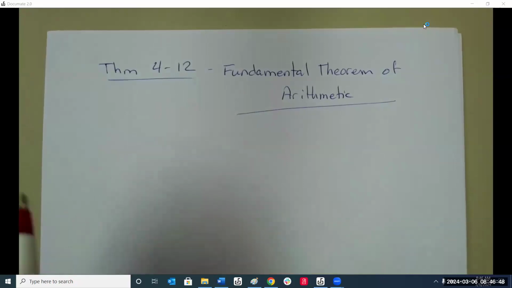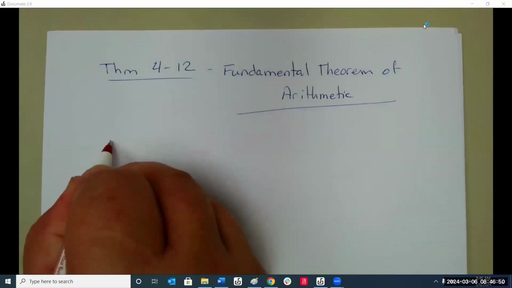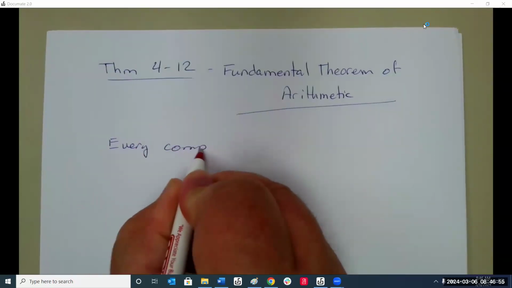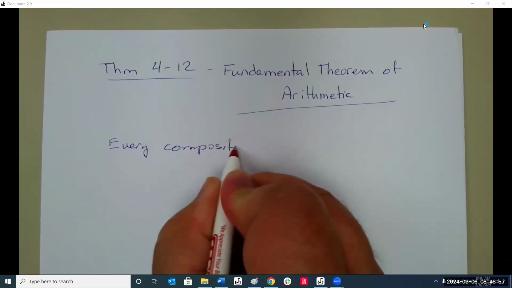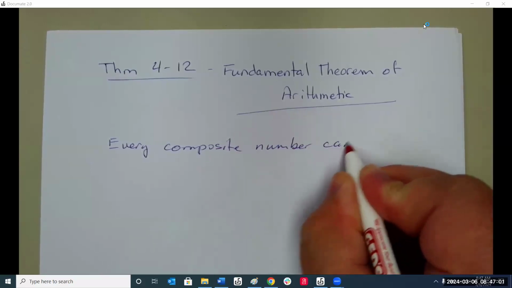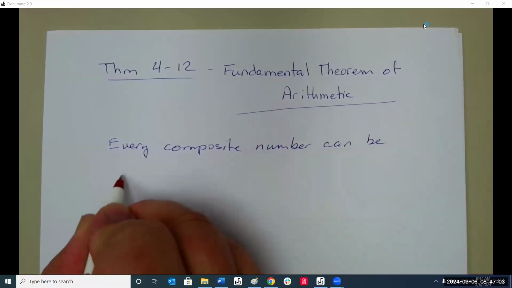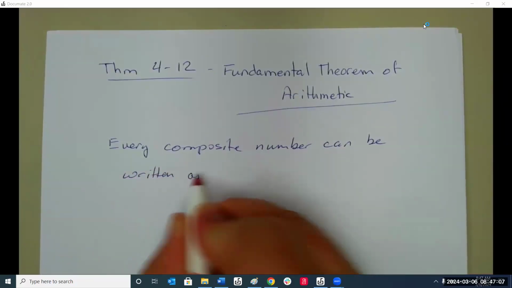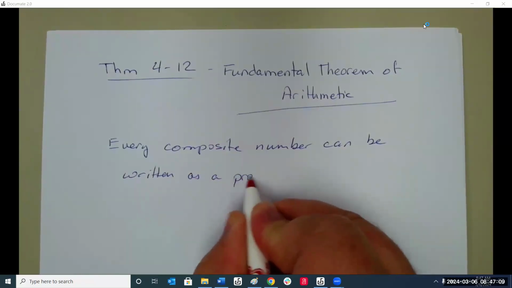It says every composite number can be written as a product.